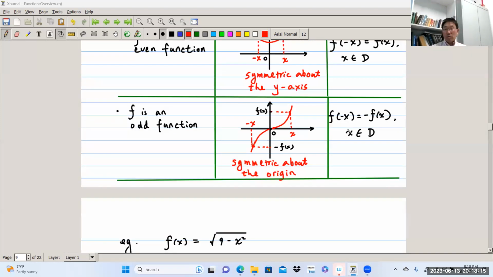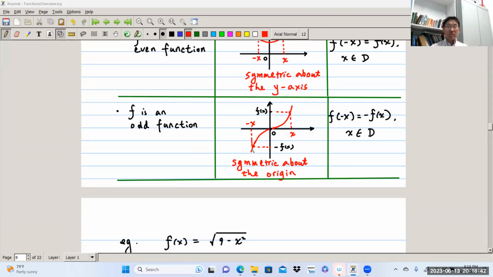Algebraically speaking, f at -x equals -f of x for any x in the domain. If a function satisfies this relation, we say this function is an odd function.